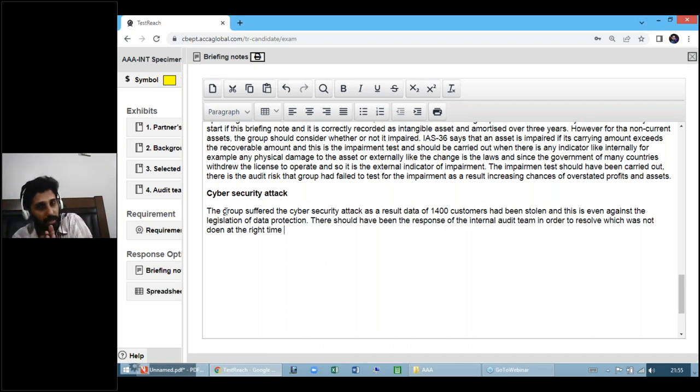There is a risk that a provision is not booked regarding that penalty. All right, because it is something which can disturb the customers, that their data, including the credit card details, have been stolen. And this is a very important risk, because it's a matter of reputation as well.